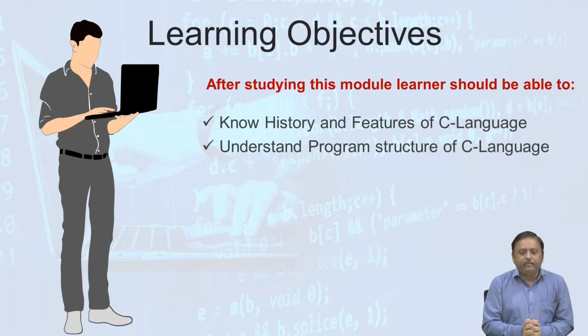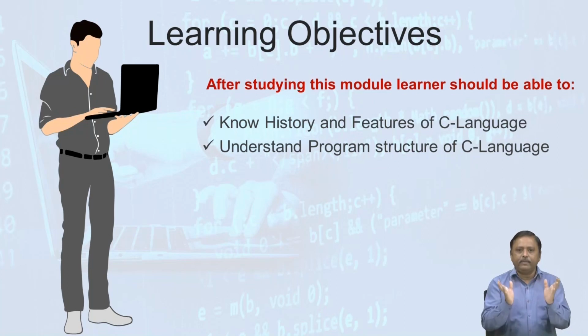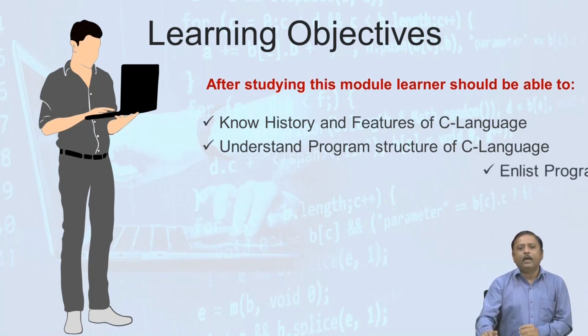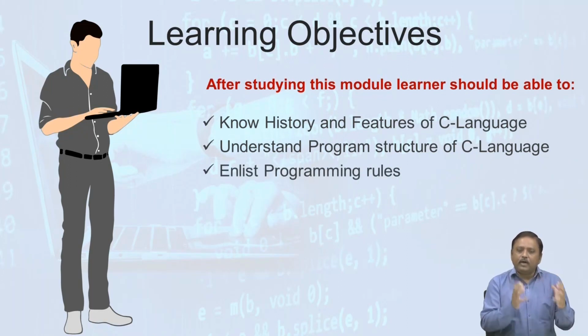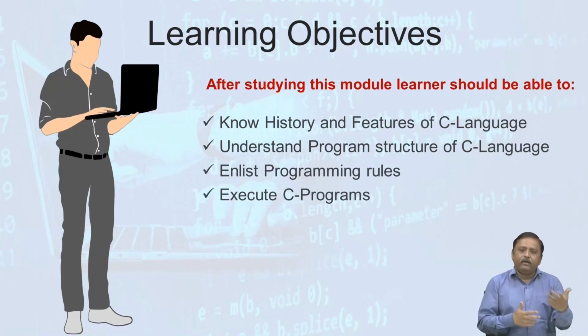Learner can understand program structure of C language, that is the skeleton of C program, what are the different sections available in C program, and what are the general points or rules that they have to follow while writing C program. And after writing Hello World application, we will learn how to compile and execute that program.